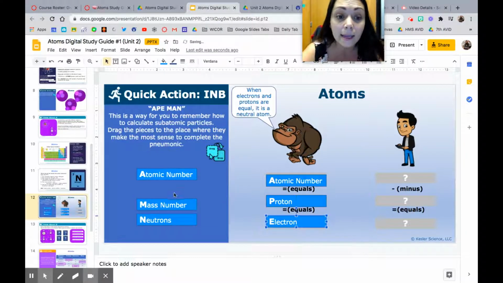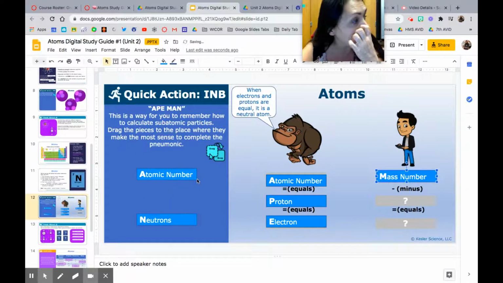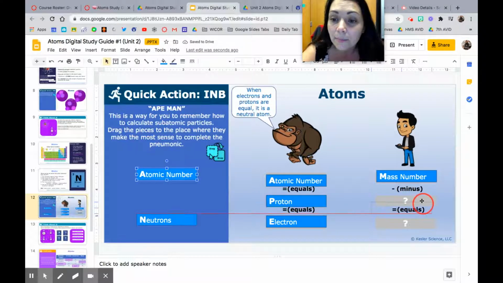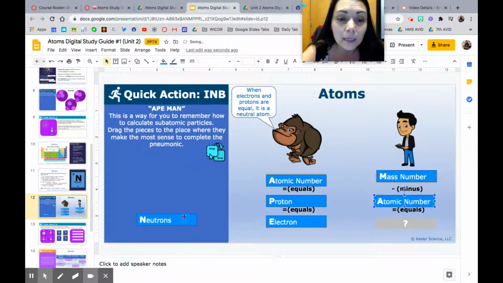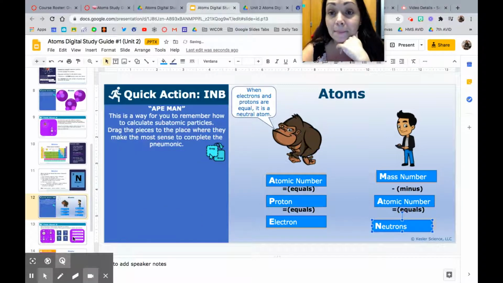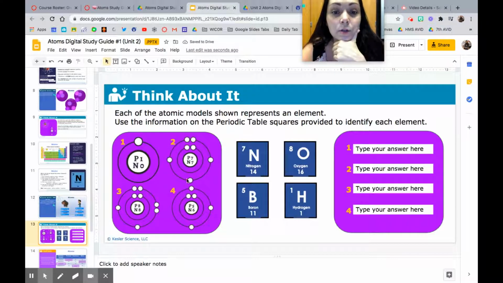And then you have MAN, mass number. So mass number equals the atomic mass rounded. And then the mass number minus the atomic number equals the number of neutrons. So APE MAN. That's a nice little acronym to help you remember how to find protons, neutrons, electrons.